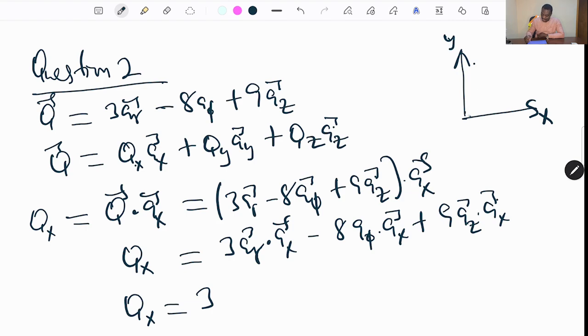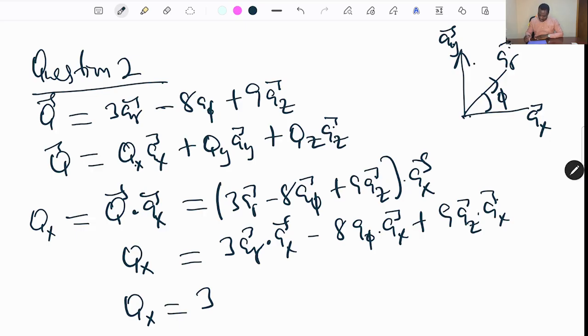Let me indicate the unit vectors: a_x along the x-axis, and this is the unit vector along the y-axis. Then we have the unit vector along the direction of the radius, and the angle between that and the unit vector along the x-axis is phi.